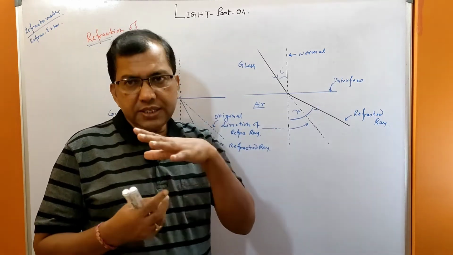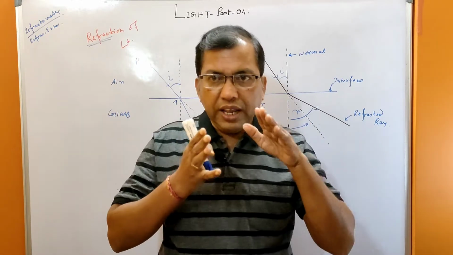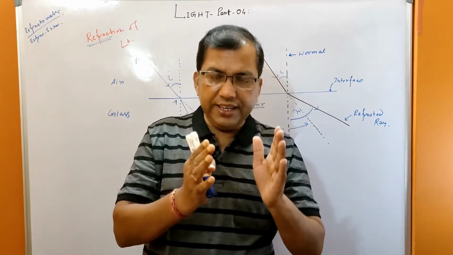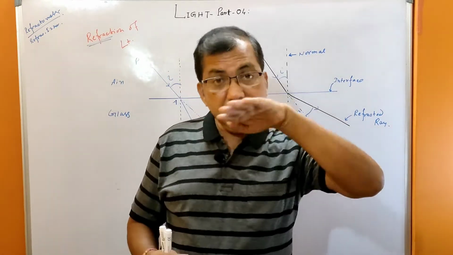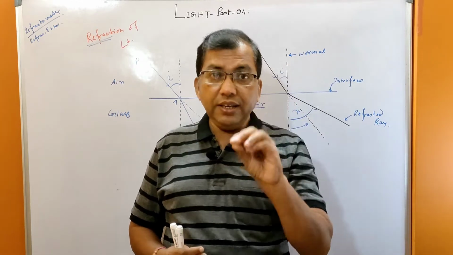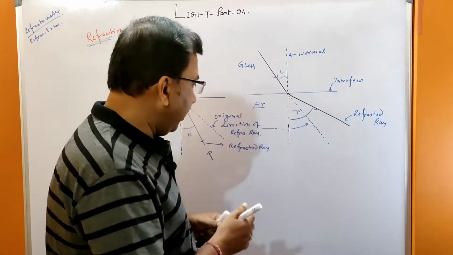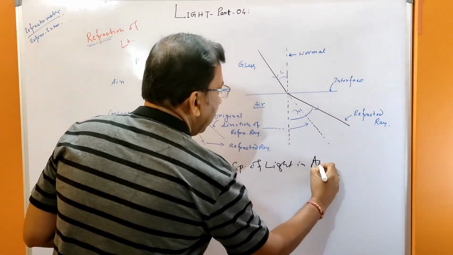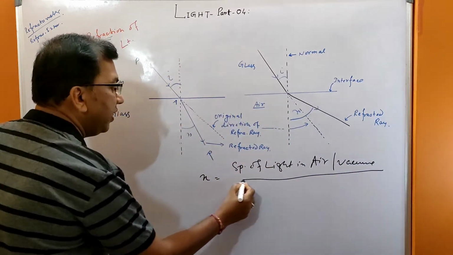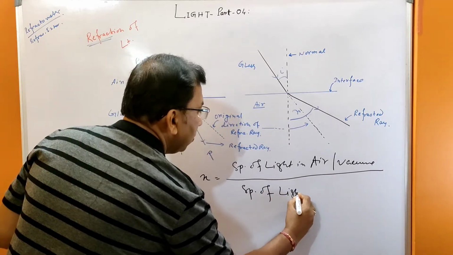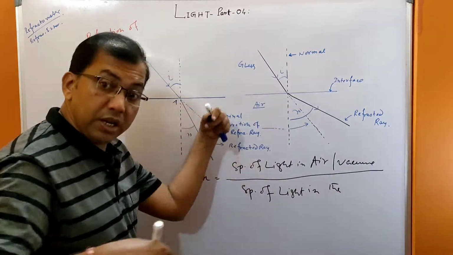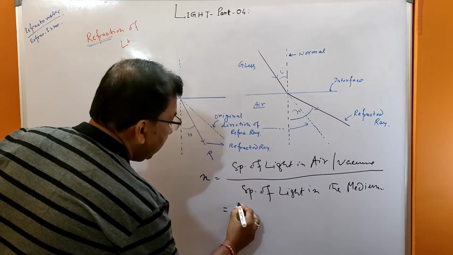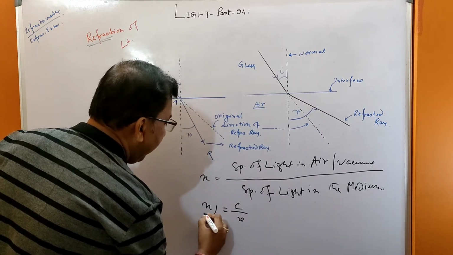The absolute refractive index is the ratio of the speed of light in air or vacuum to the speed of light in that particular medium. n equals speed of light in air or vacuum divided by speed of light in the medium, c over v.